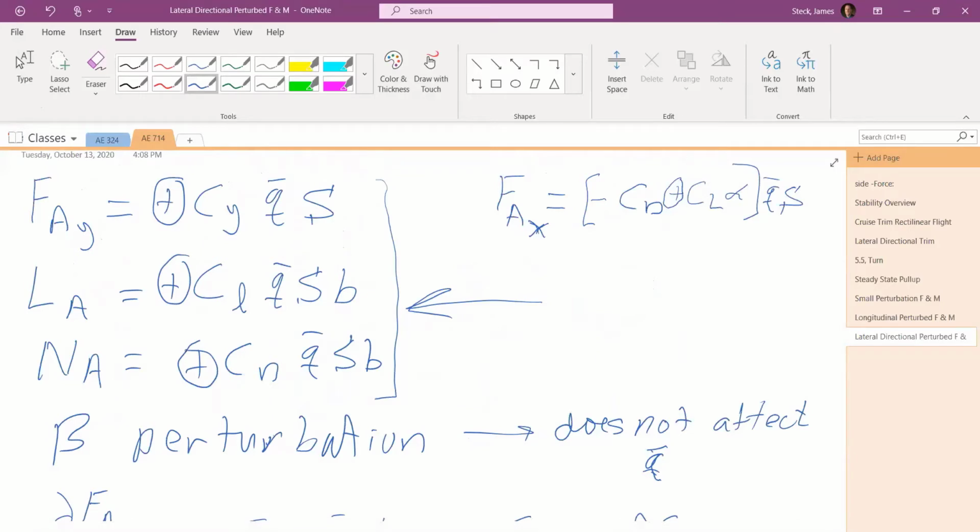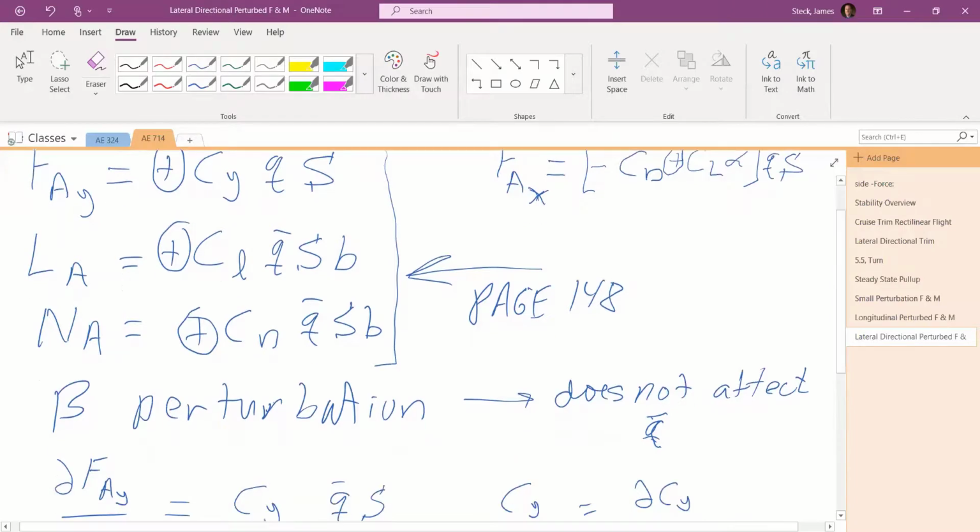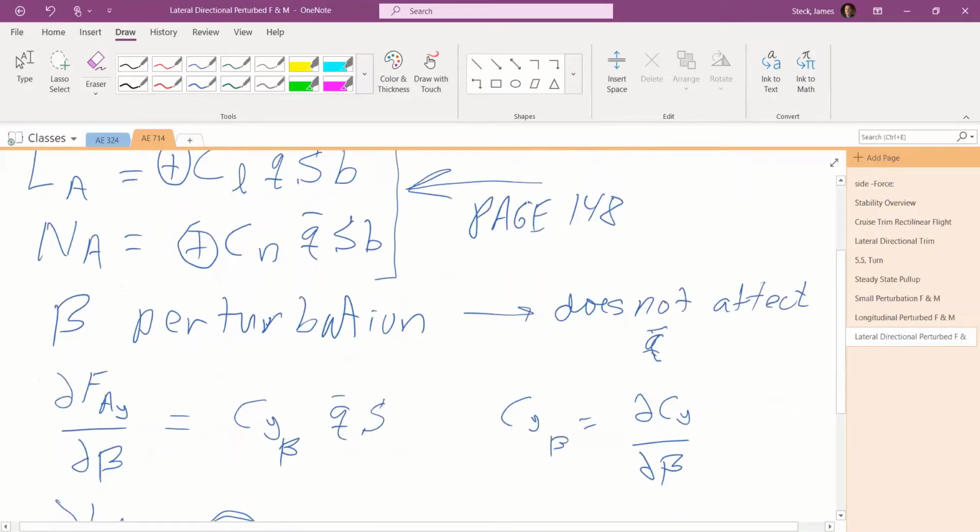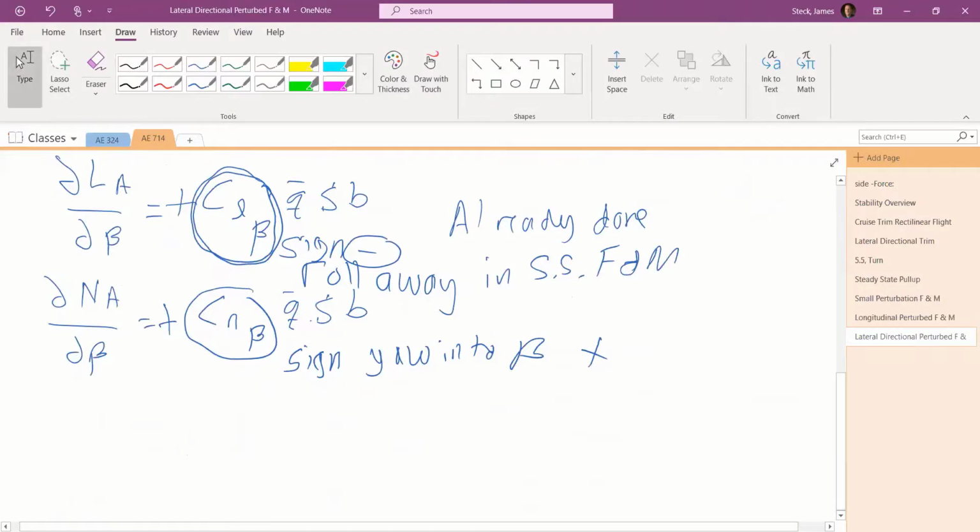This is on page 148. It's been corrected in most of the newer editions, but if you happen to have picked up a used or an older edition, make sure you fix that. Anybody have a book that has a negative sign there? You do? And I remember you had that other typo that most other books don't have. So make sure you change it to a plus.